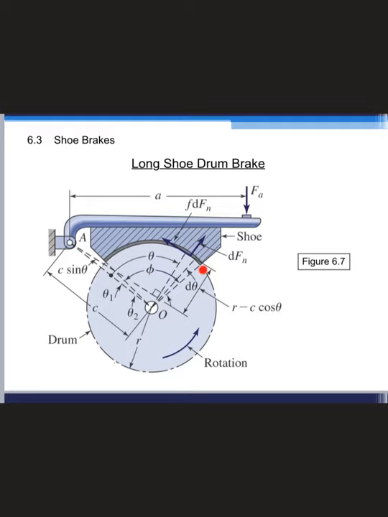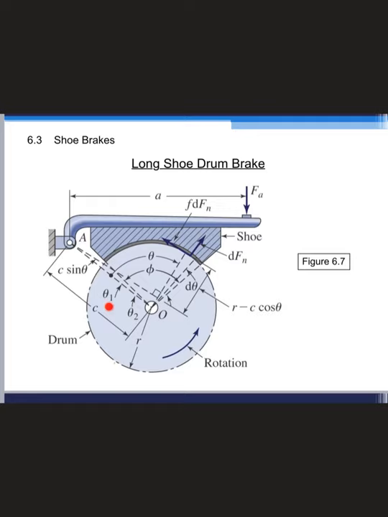Next, we have the value of theta 1. So here is our value of theta 1. How do we measure the value of angle theta 1?